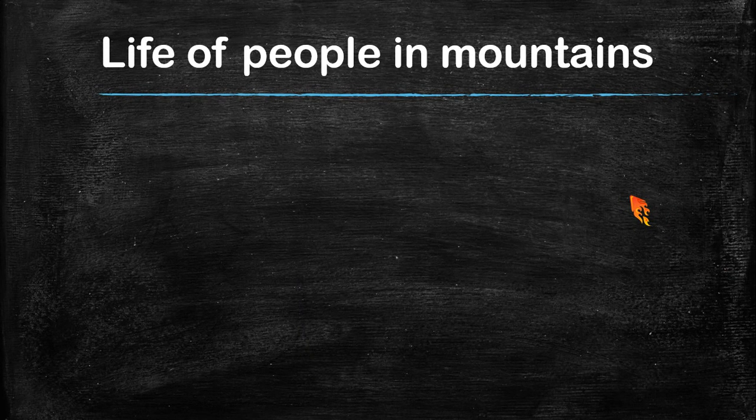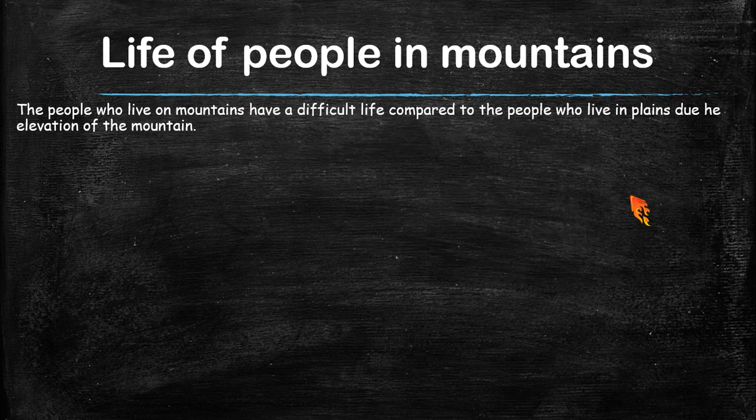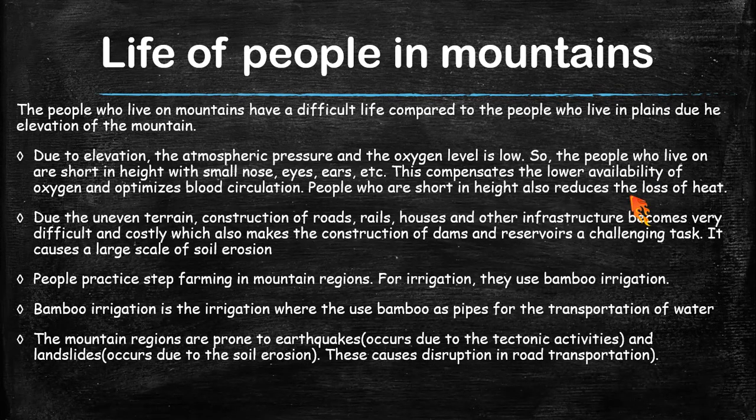Life of people in mountains. The people who live on mountains have a difficult life compared to the people who live on plains, due to the elevation of the mountains. Due to the elevation, the atmospheric pressure and the oxygen level are low. So the people who live on mountains are short in height with small nose, ears, and so on.